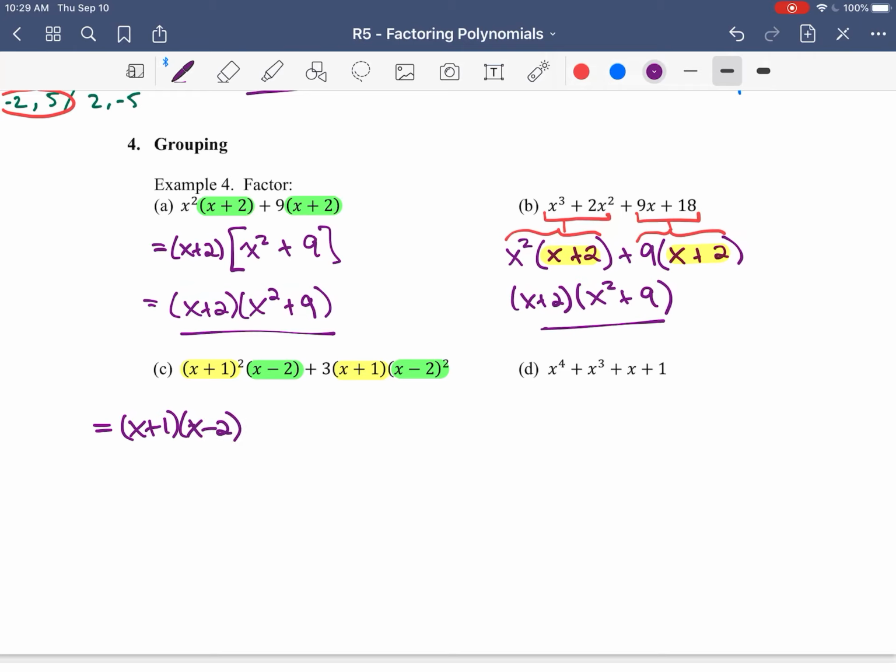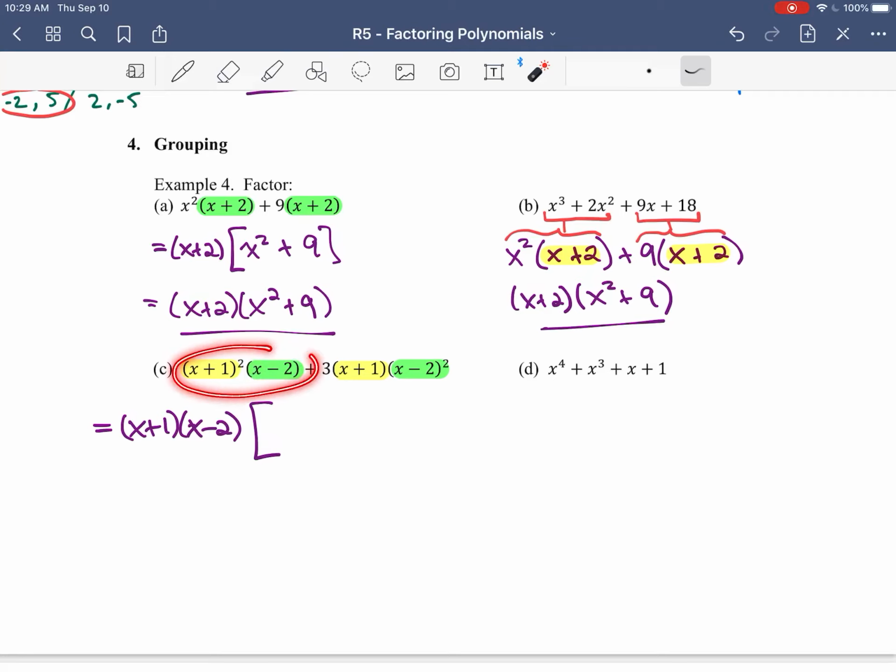Now, how many of each can I pull out? Well, for the x plus 1s, there's 2 in the first one, but only 1 in the second one. So you can only pull out the smaller number. Okay, so then I pulled out one of them. In the x minus 2s, okay, there's 1 in the first term, 2 in the second term, so I can only pull out 1. Okay, so I pull out one of each.